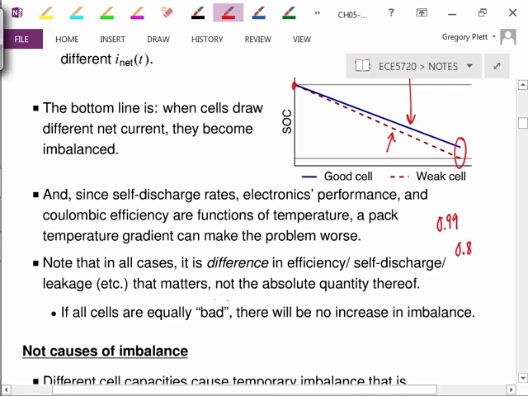So if all cells are equally bad, then there's not going to be an increase in imbalance, even though my battery pack is not operating in a very efficient way. So it's difference that matters, of one cell charging faster than another cell or discharging more quickly than another cell.